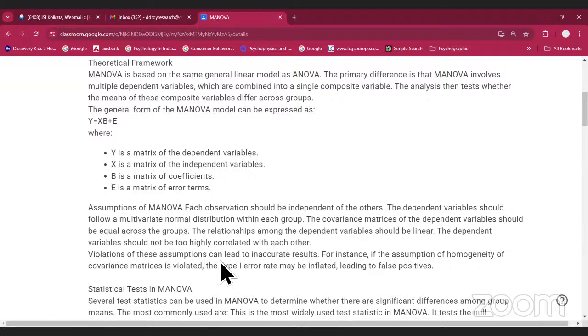Then that will be the false positive. I think in medical science, you know very much. Many women were admitted into the hospital only for false pregnancy.